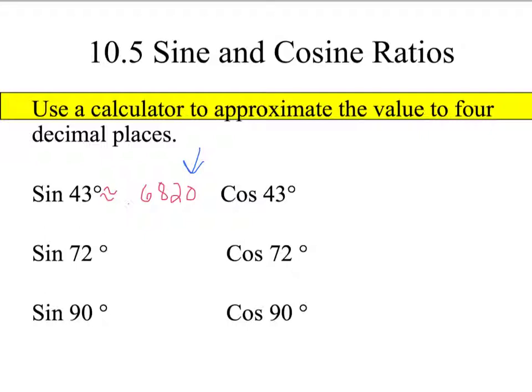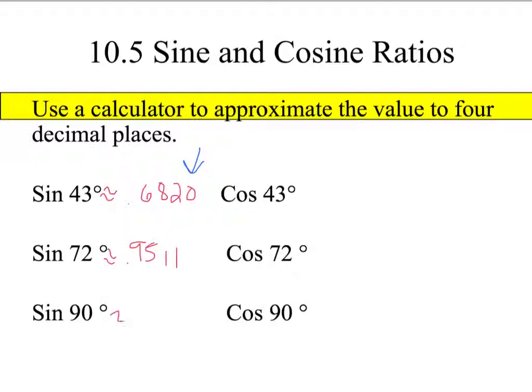It's 0.6820. All right. Now the sine of 72, same idea. Hit that sine and hit 72, and you will get 0.951056516.